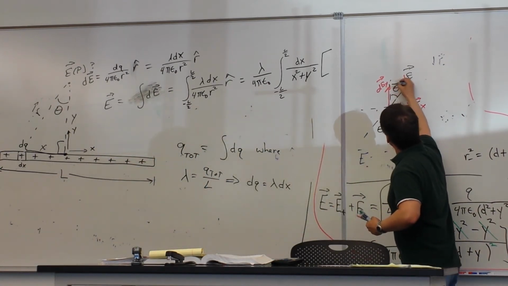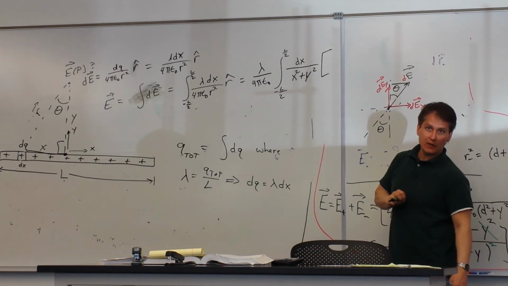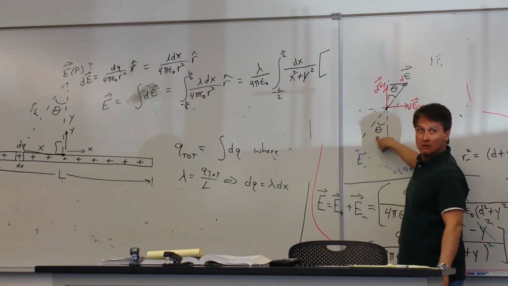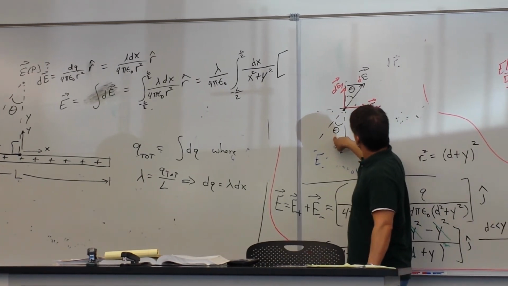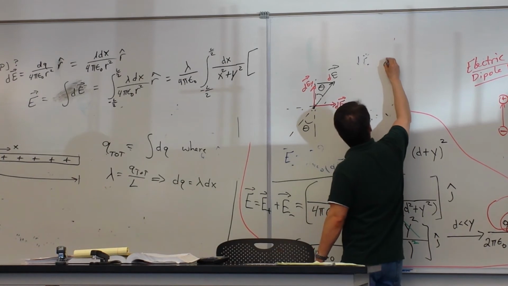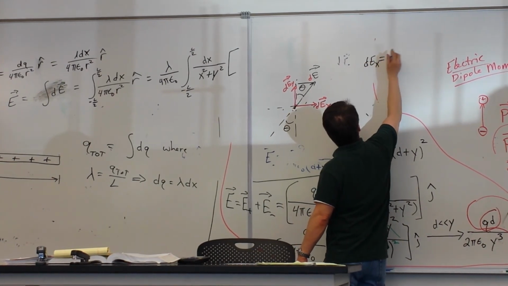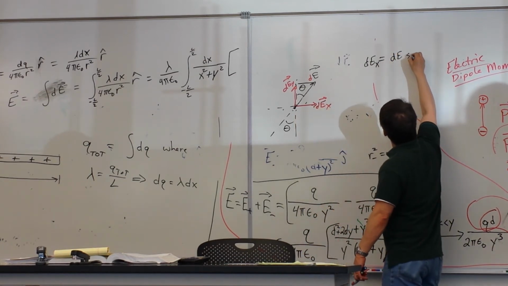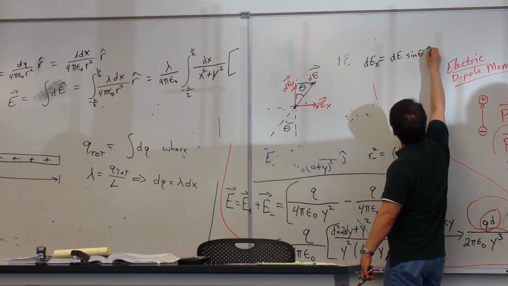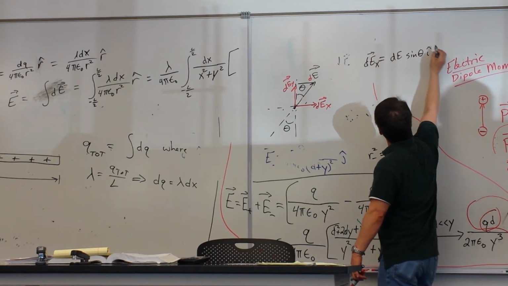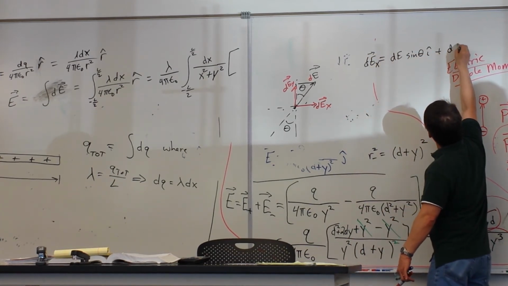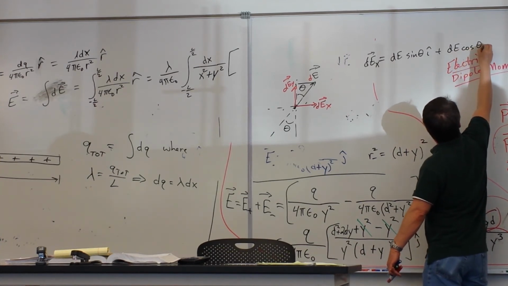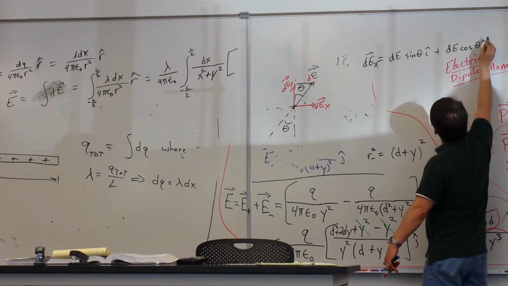So if I want the x component, it would be related to the sine of this angle. It would be related to the magnitude dE times the sine of whatever that angle is in the i direction, and dE times the cosine of that same angle in the j direction.